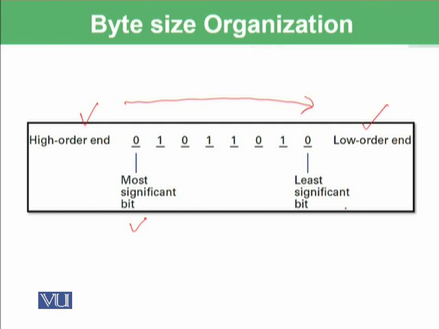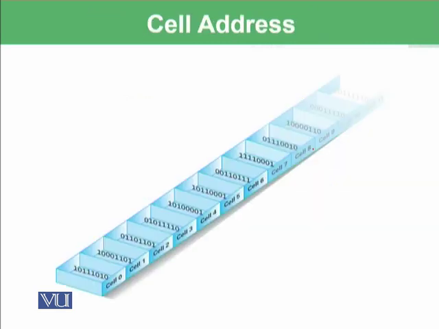It is similar to how we store data in decimal. For example, when you say 2100, this 2 is the most significant digit in decimal because it is representing 2000. Similarly, in this bit pattern, the leftmost bit is known as the most significant bit.